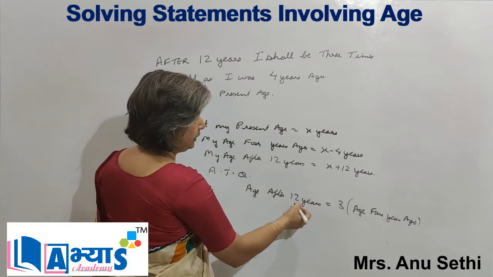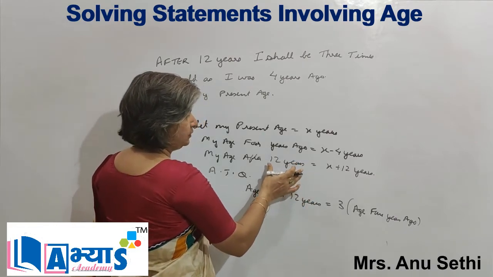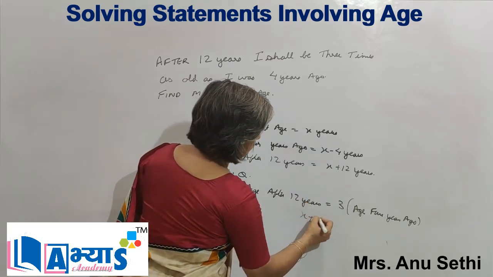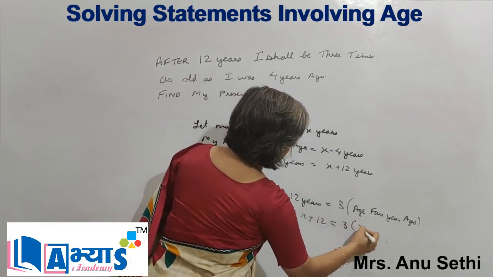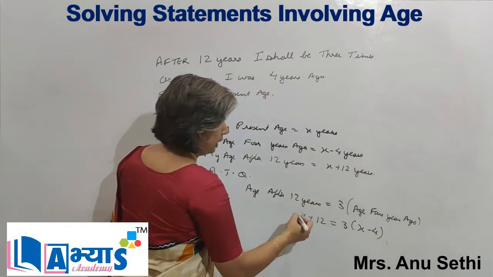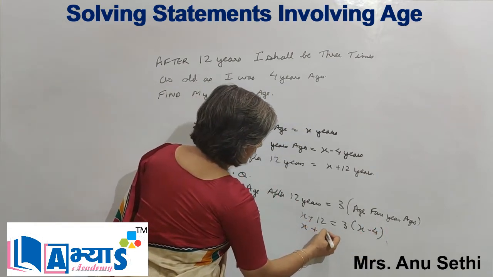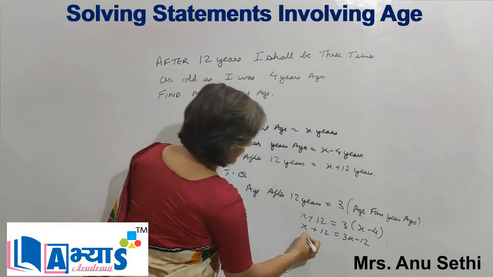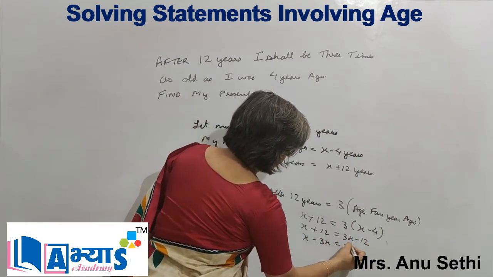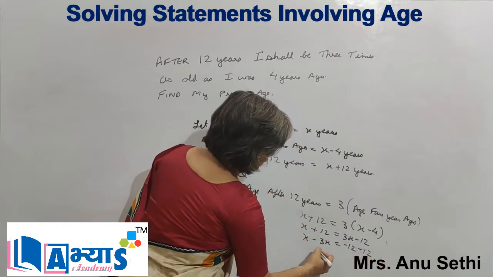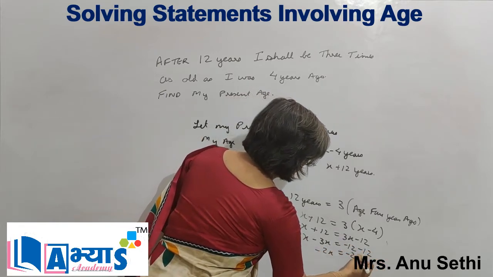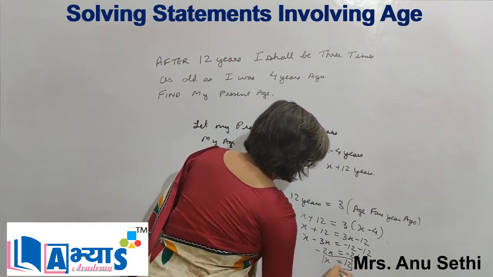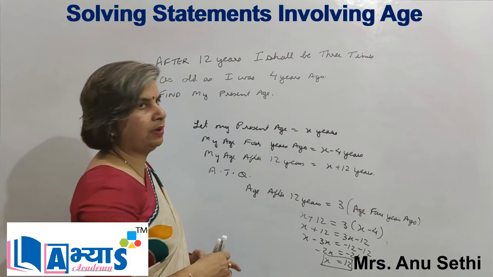Substituting these values, I get x plus 12 is equal to 3 times x minus 4. Further simplifying, x plus 12 is equal to 3x minus 12. So x minus 3x is equal to minus 12 minus 12, minus 2x is equal to minus 24, or x is equal to 12. So my present age is 12 years.